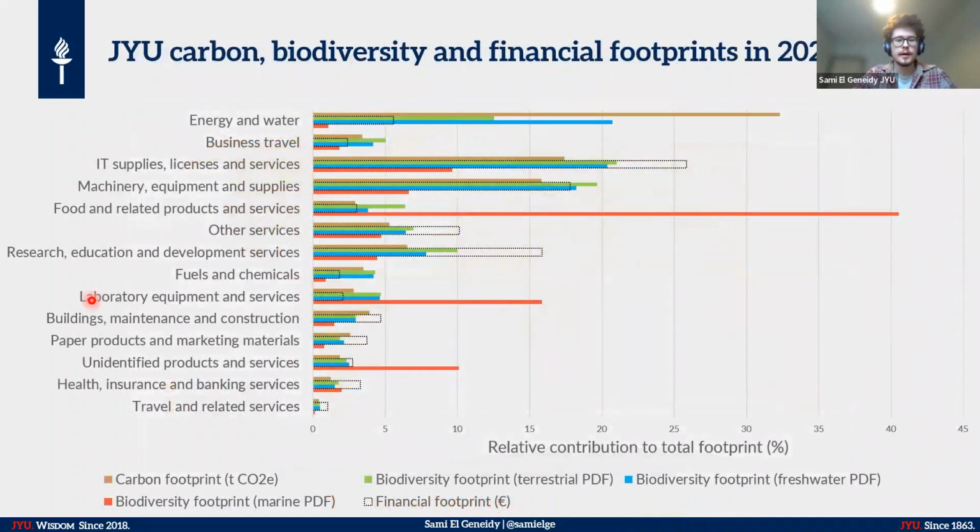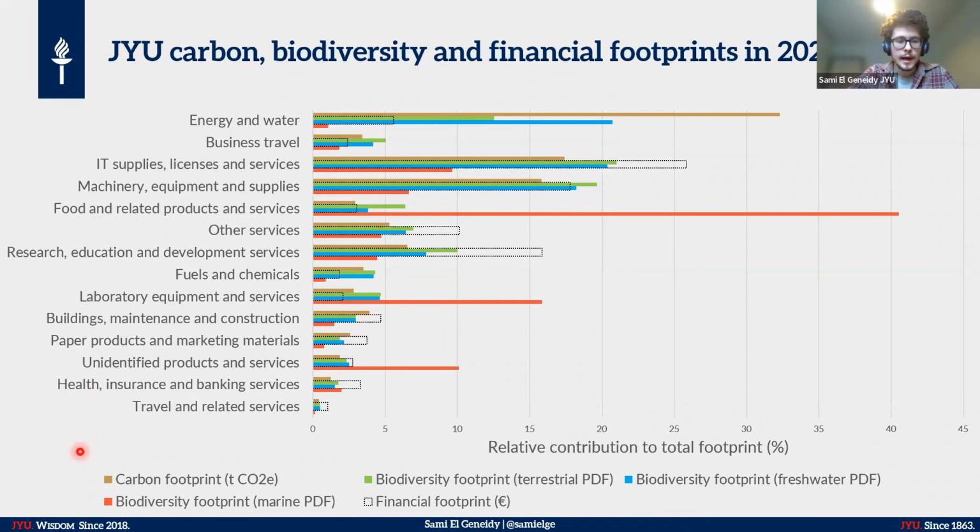And then another perhaps interesting example result. Here we have the carbon, biodiversity, and financial footprints in 2021, expressed as the relative contribution to total footprint, so these are basically percentages. How important is each category to the respective footprint?